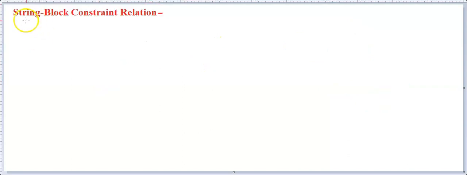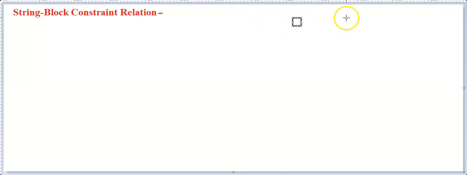Now let's move forward and try to understand the string-block constraint relation, how to write it. We have understood what the string properties are, and the block is simply an object, or we can treat it as a particle, and we need to find the relation between such blocks which are connected. So let's take the very basic example that we talked about in the beginning.